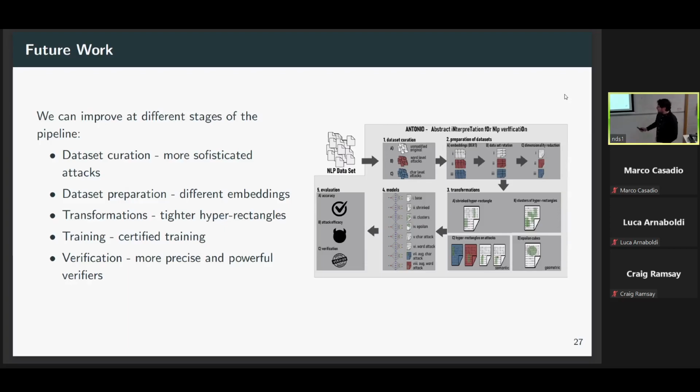Another very important one, I think, and that will be the main focus next, is training. We used data augmentation in the training. Data augmentation doesn't help much. Actually, it makes things worse most of the time.